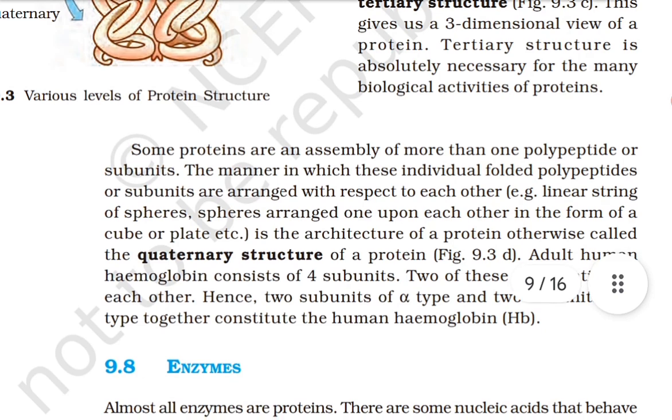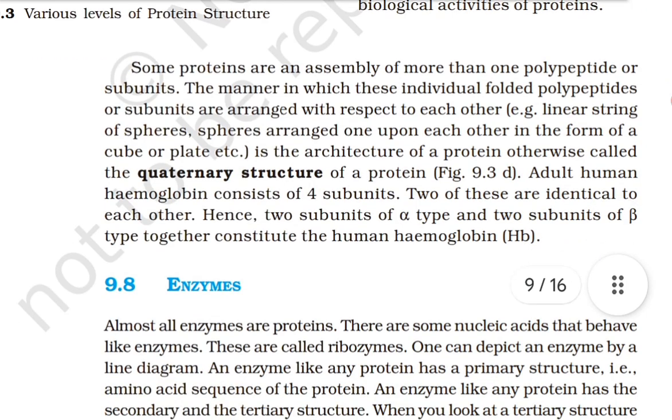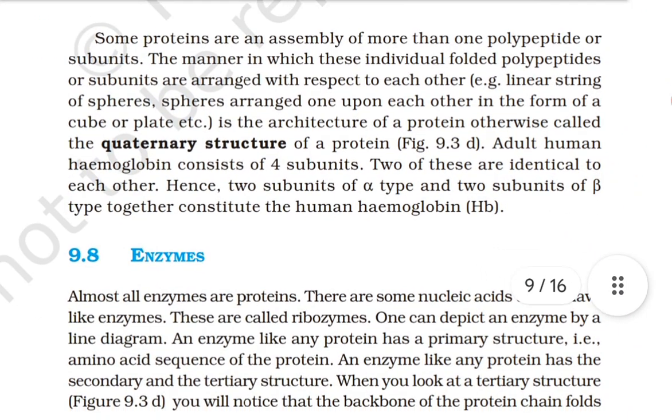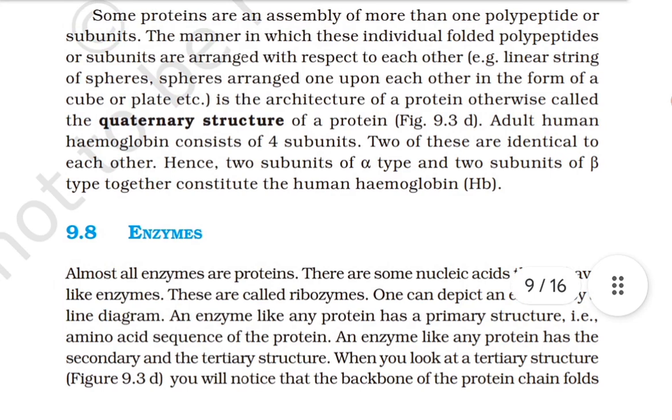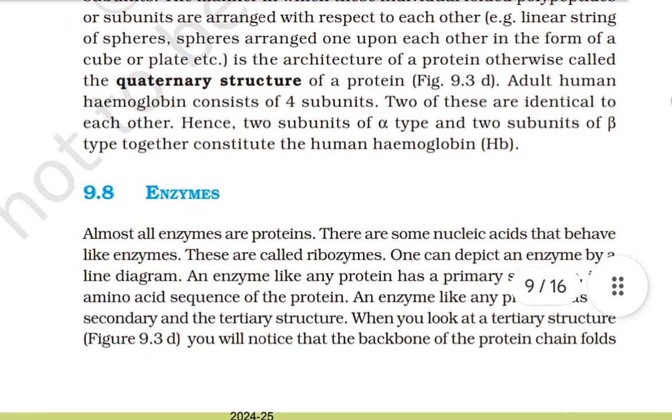However, when bonds are broken and new bonds are formed during transformation, this will be called a chemical reaction. For example, Ba(OH)2 plus H2SO4 gives BaSO4 plus 2H2O, which is an inorganic chemical reaction. Similarly, hydrolysis of starch into glucose is an organic chemical reaction.